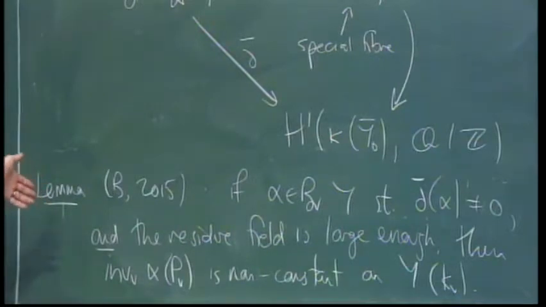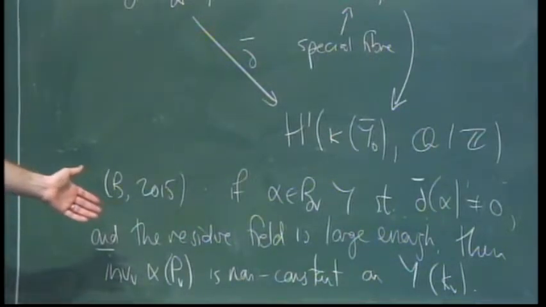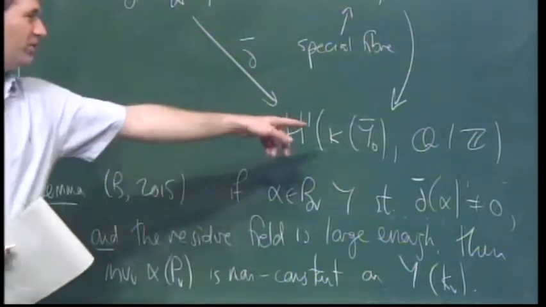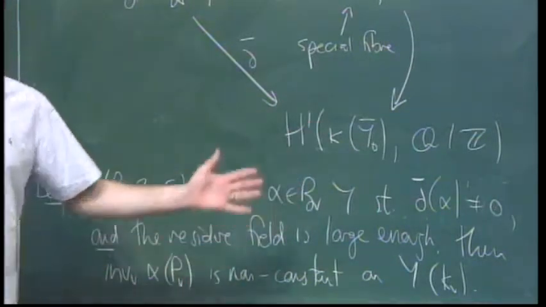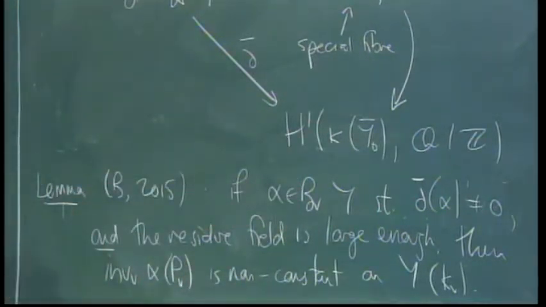Like so many things, this is essentially a theorem that comes down to Lang-Weil. You need to show that certain torsors over Y_0 have points, and Lang-Weil does that when the residue field is large.